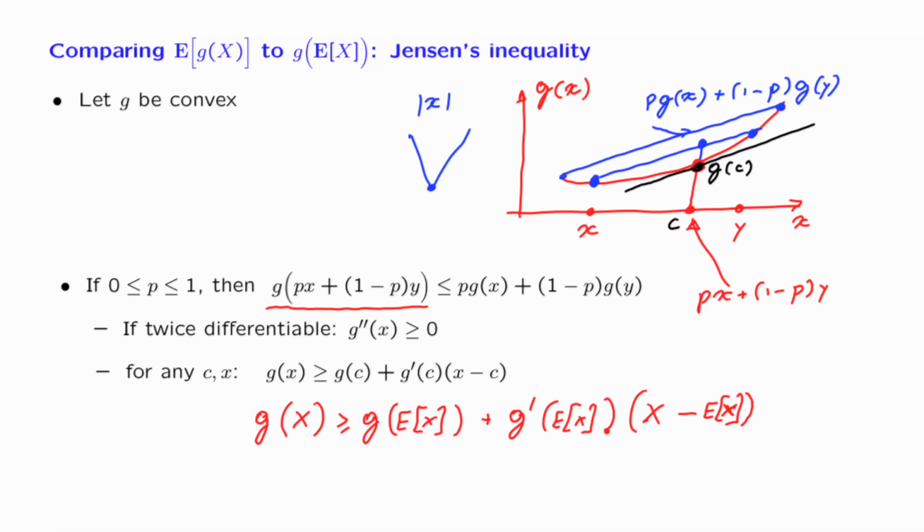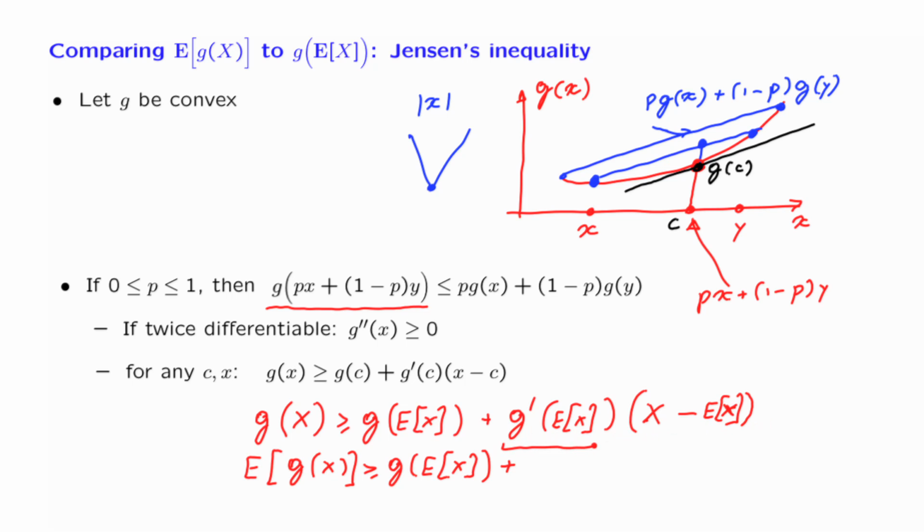So we have this inequality that's true now in terms of random variables. No matter what capital X happens to be, this will be valid. And now let us take expectations of both sides. What we obtain is that the expected value of g of x is larger than, now this is a number, so the expected value of that number is the number itself, plus the expected value of this term.